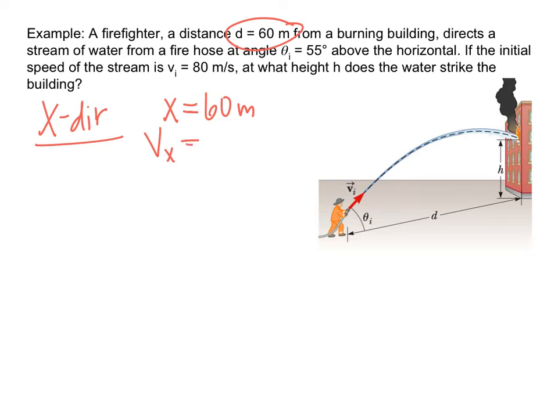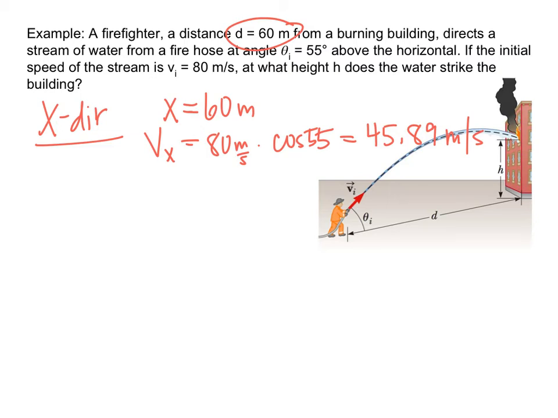So we'll take 80 meters per second times the cosine of 55 degrees. All right, and that gives us a value of 45.89. I do like to keep an extra decimal place or so with my speeds so that my answer makes sense at the end.